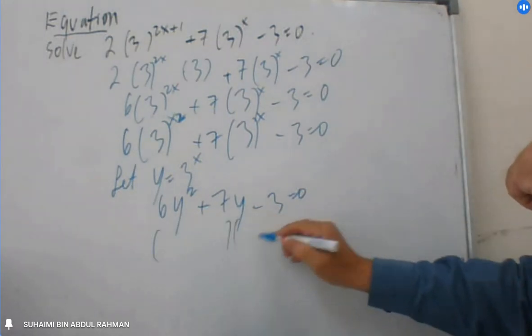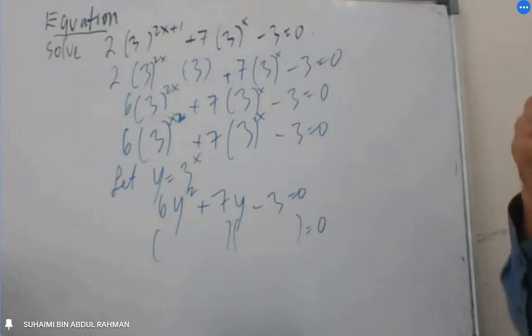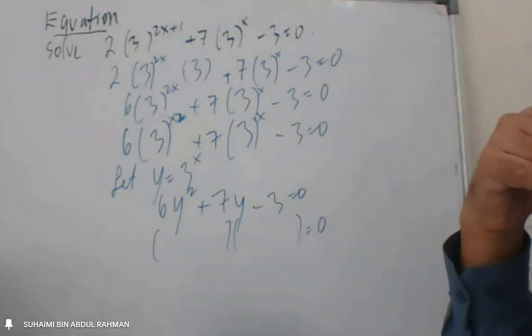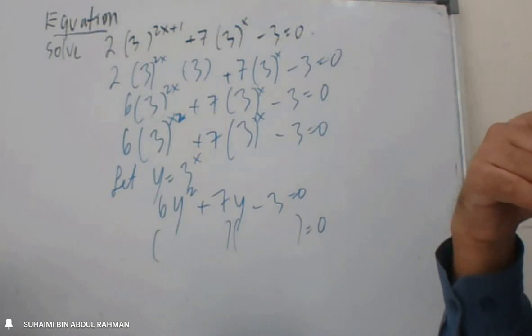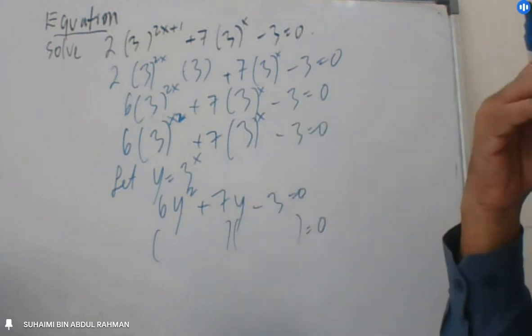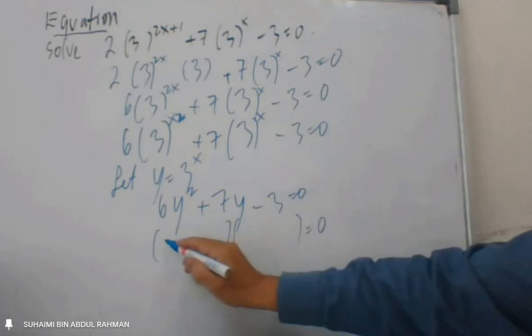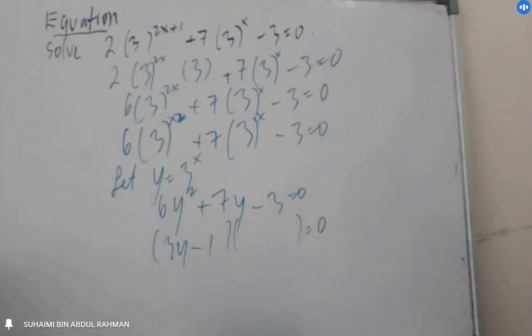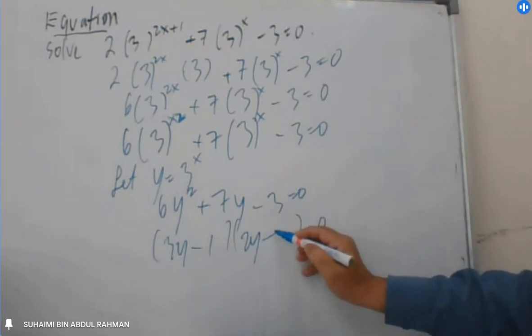So what do you get when you factor? 3y minus 1 and another one, 2y plus 3.